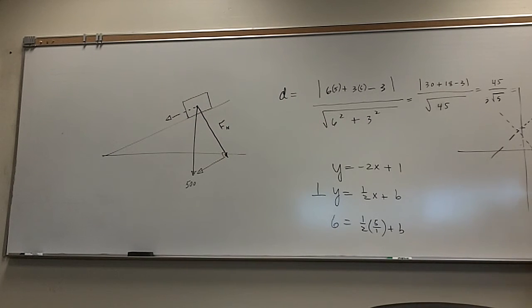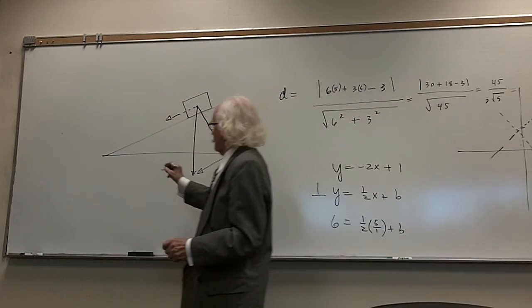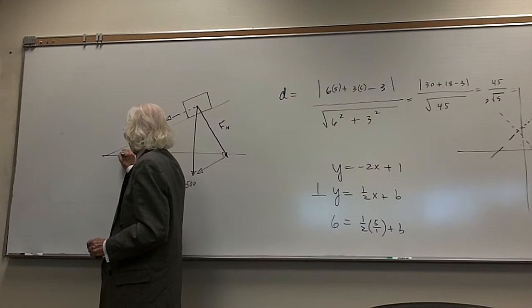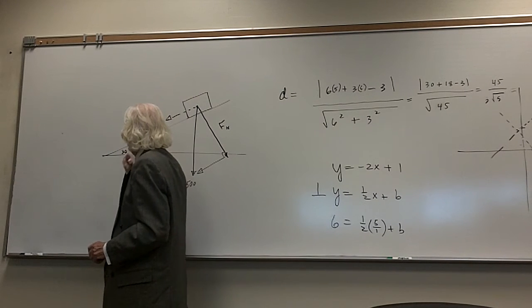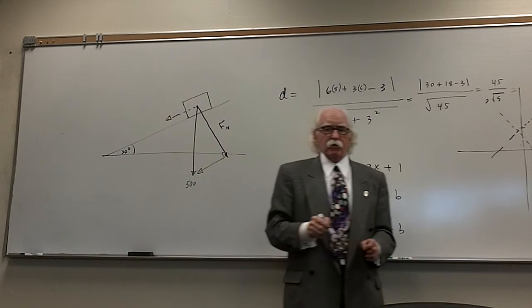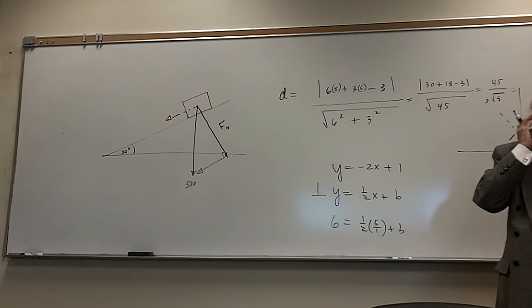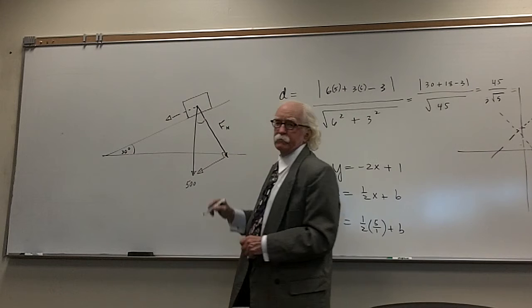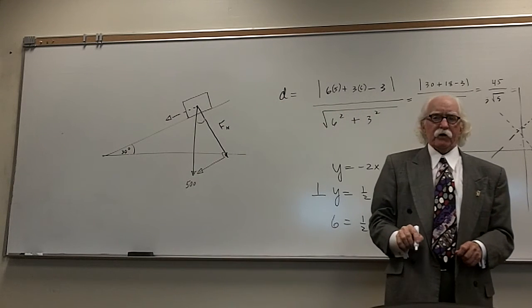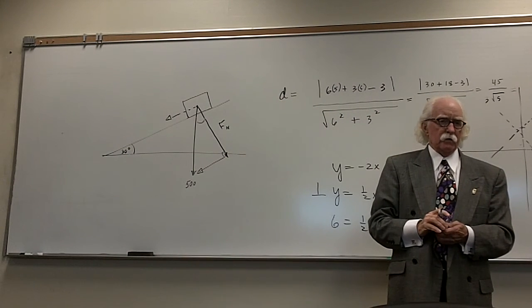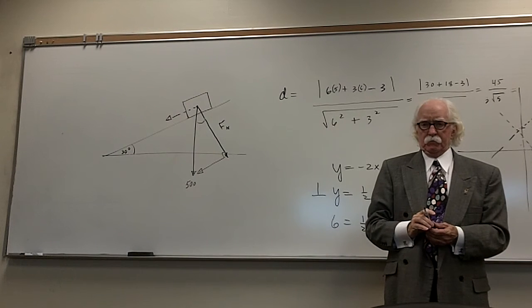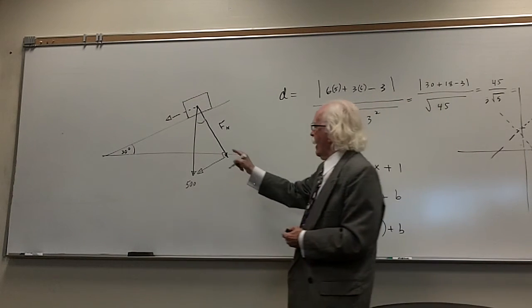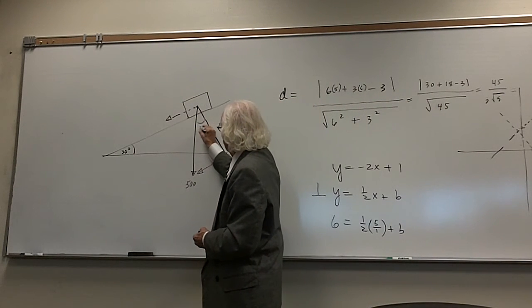And here's the neat part about it. And let's suppose that this is a 30-degree angle. What if that's the 30-degree angle on an inclined plane? Guess what this angle has to be? It has to also be 30. Do you see why? Do you see why this is 30 degrees also?